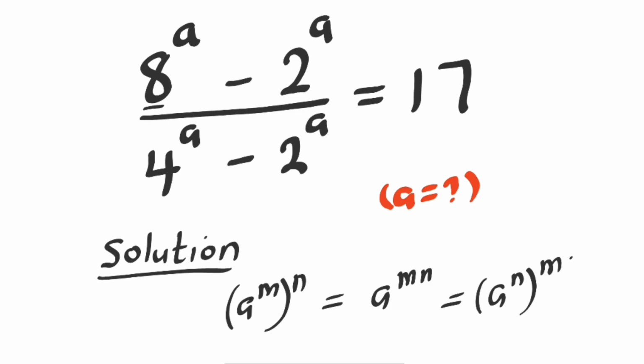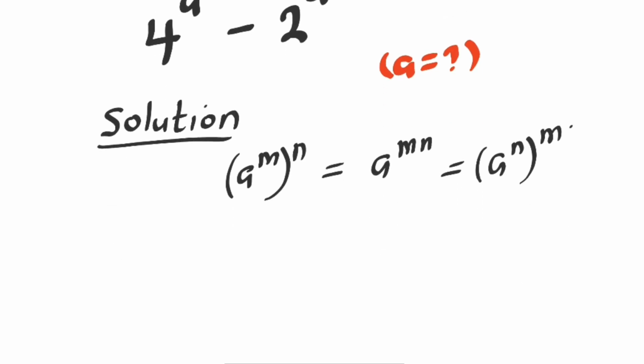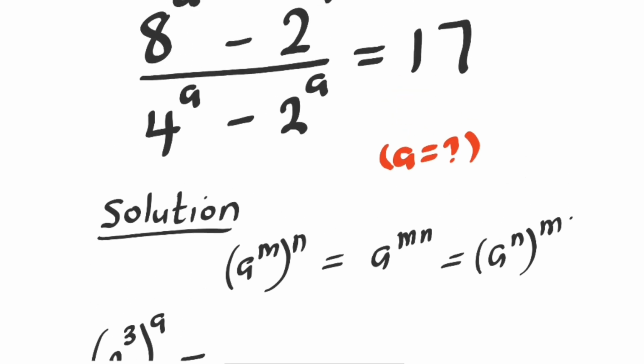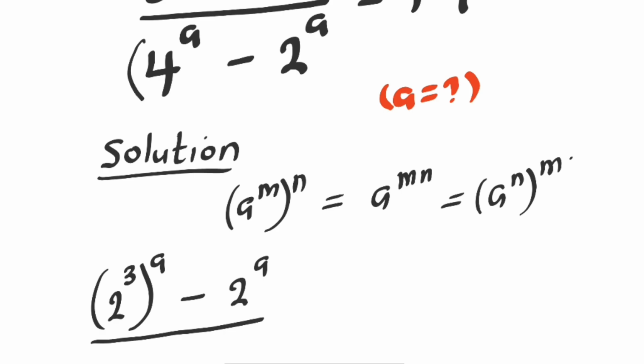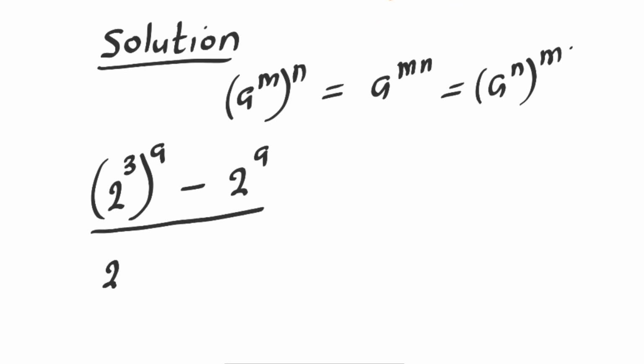Then here, 8^a can be written as (2^3)^a minus 2^a, divided by 4^a, which can be written as (2^2)^a, minus 2^a, is equal to 17.